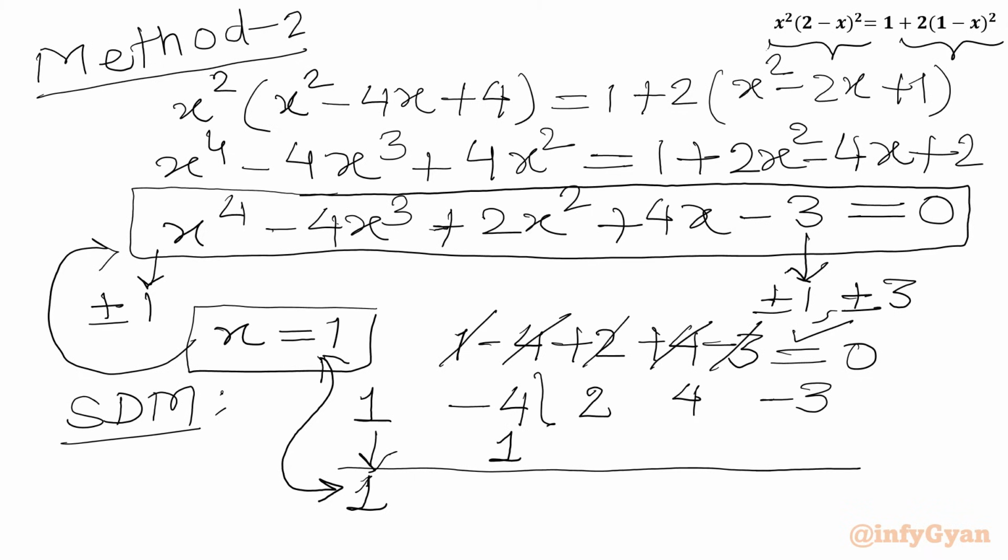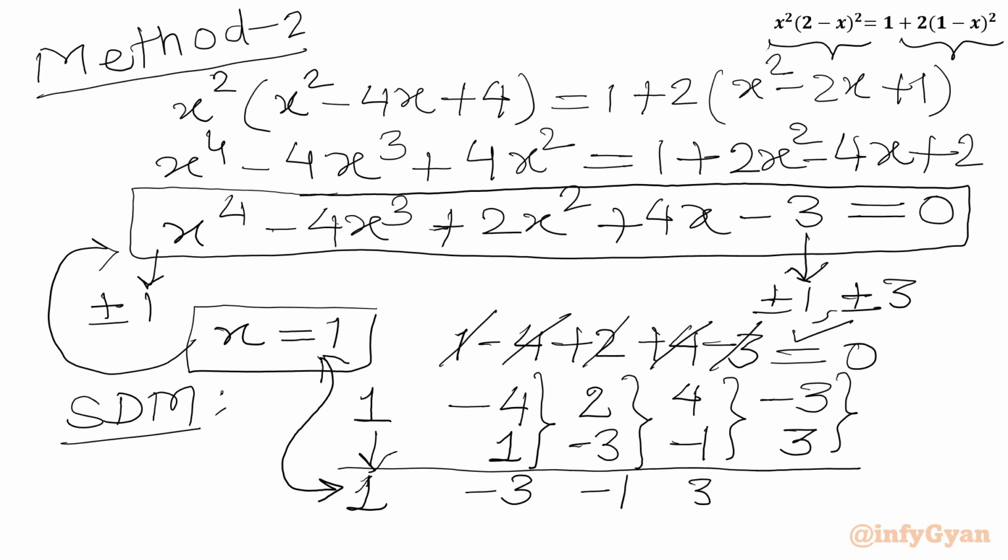Then we will use these two numbers for addition. So minus 4 plus 1 is minus 3. Again 1 times minus 3, we have to write here minus 3. Then we will add these two, we will get minus 1. Again base solution 1 times minus 1 will be minus 1. 4 minus 1 is 3. 1 times 3 is 3.